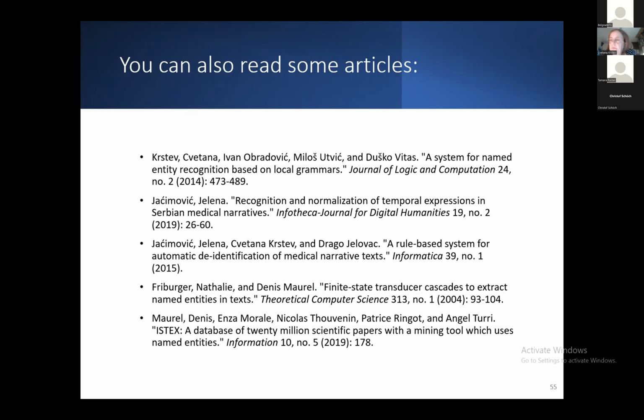But you have to keep in mind that for Serbian we simply, well, not simply, but anyway, use cascades in the Unitex environment, but Denis Maurel and Nathalie Friburger, who are mentioned in this paper, are actually those who produced this system of cascades for Unitex. So this article should really be very important for you.